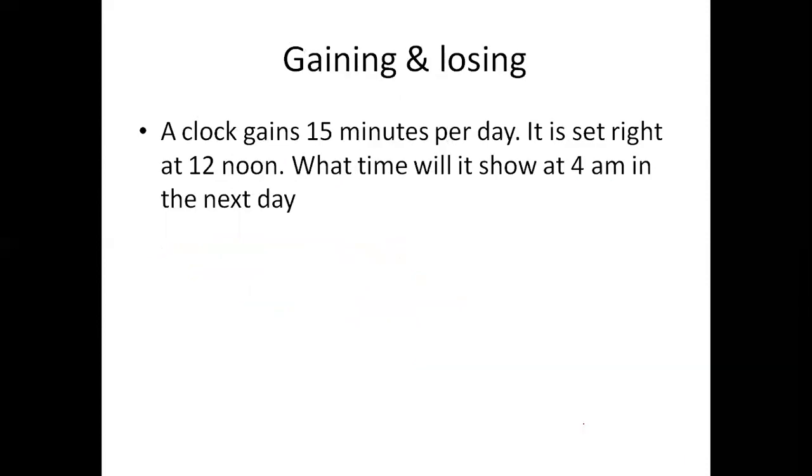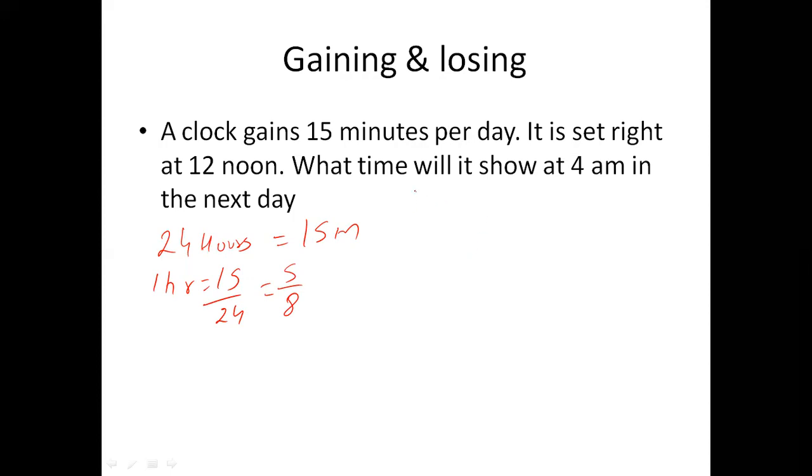The last one, gaining and losing. Gaining and losing means whenever the time is running fast, it is called gaining. Whenever the time is running slow, it is called losing. For example, a clock gains 15 minutes per day. That means in 24 hours, it gains 15 minutes. So how much does it gain in 1 hour? It gains 15 upon 24, that is 5 by 8. Now it is given that it is set right at 12 noon. What time will it show at 4 am?